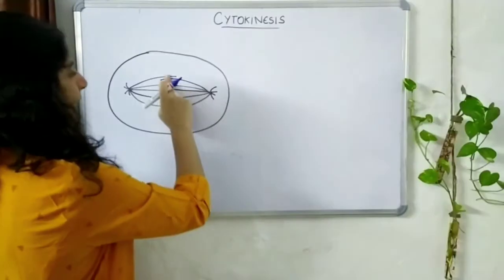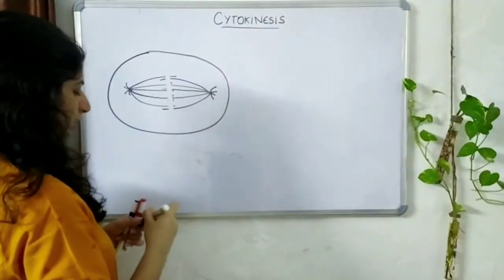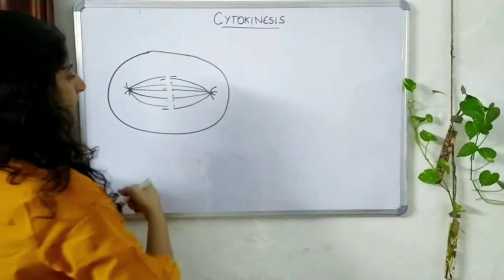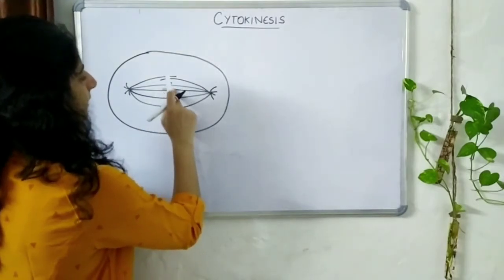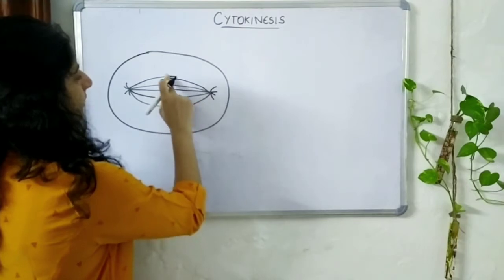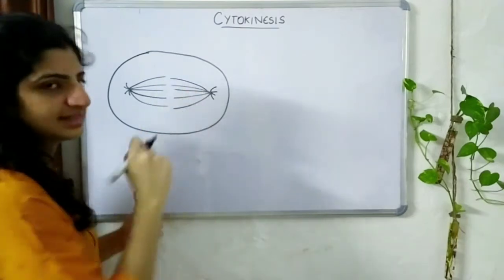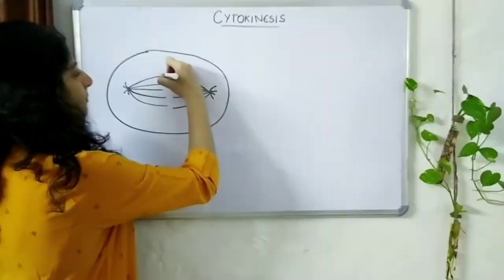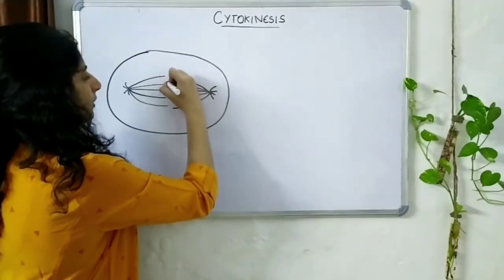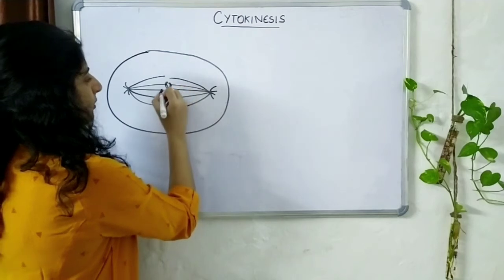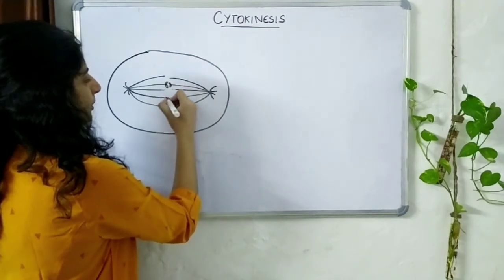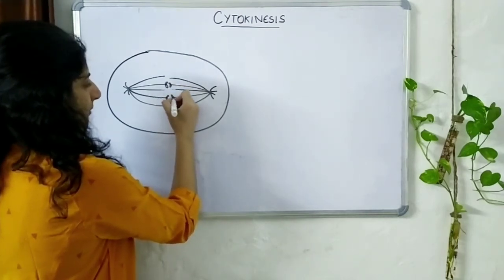As these chromosomes start to move away, the cell gets a signal that the two poles have been decided and it's time to start dividing the cytoplasm so that the two new daughter cells can be formed.